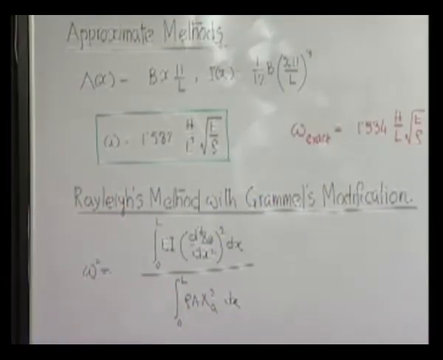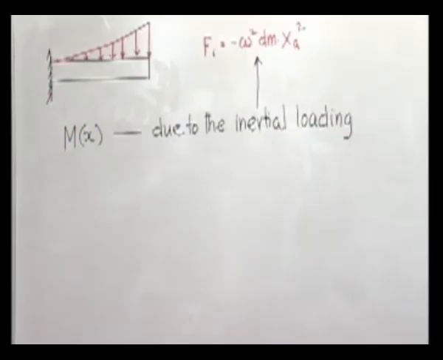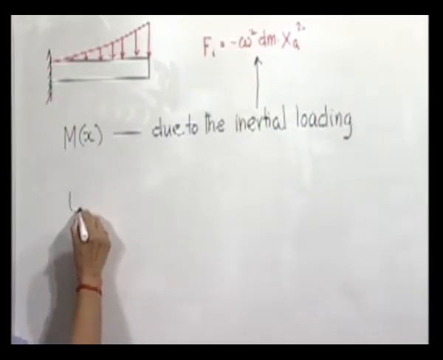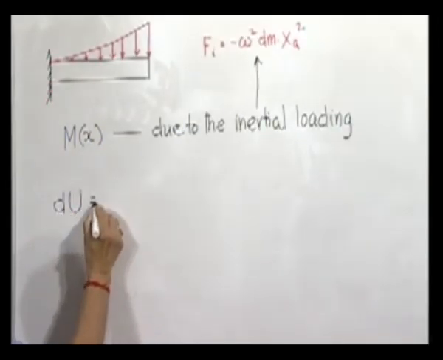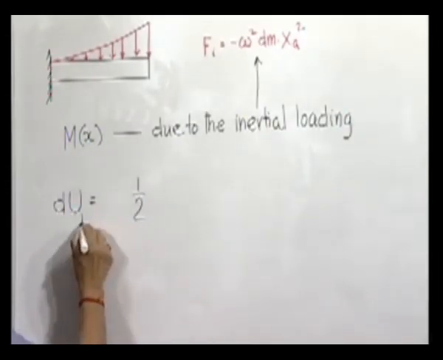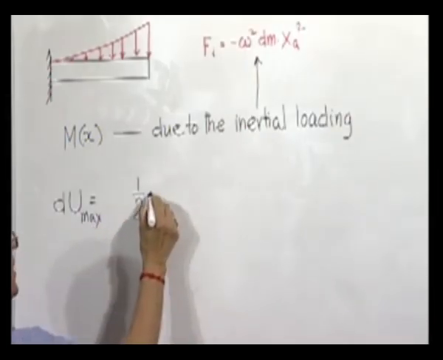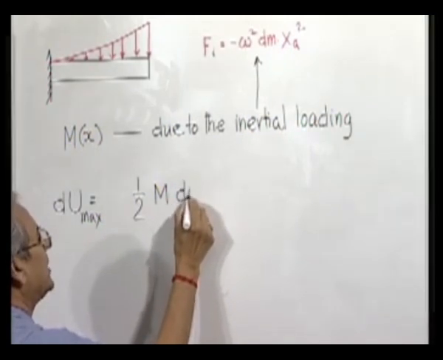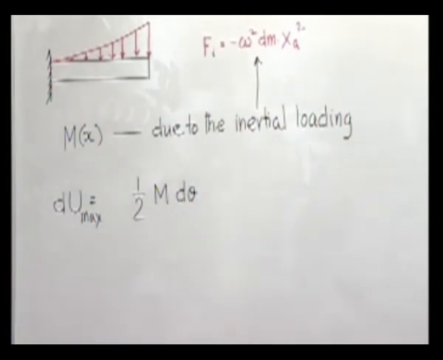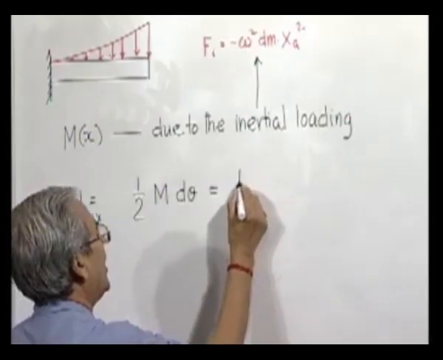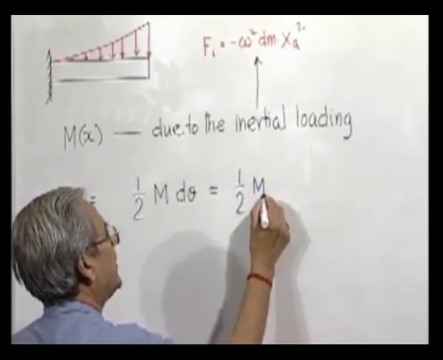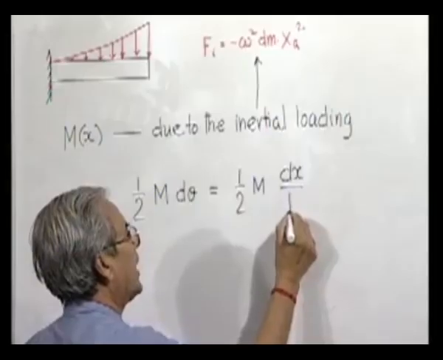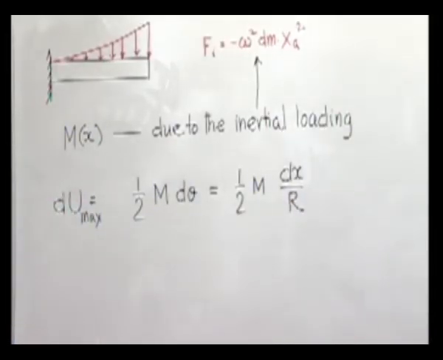Now, we have already seen that dU of an element is half M into d theta, which was equal to half M into dx by R, where R is the radius of curvature at that bent condition at one extreme end.